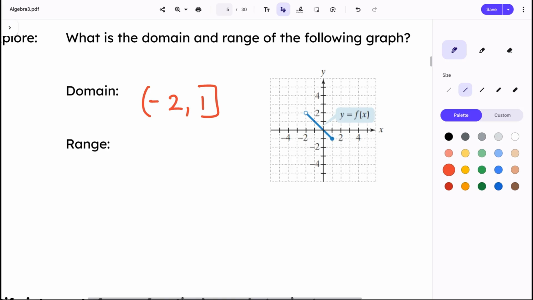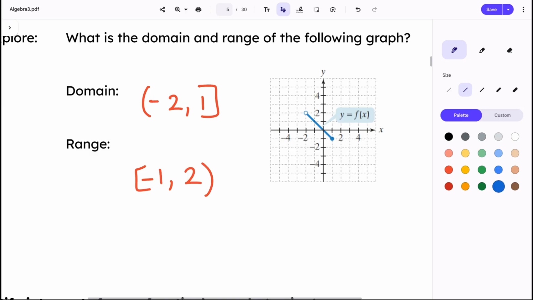How about my y's? How should I write that, which one goes first? Bracket negative 1, comma, 2, and then what? Parenthesis. It shouldn't be very hard.